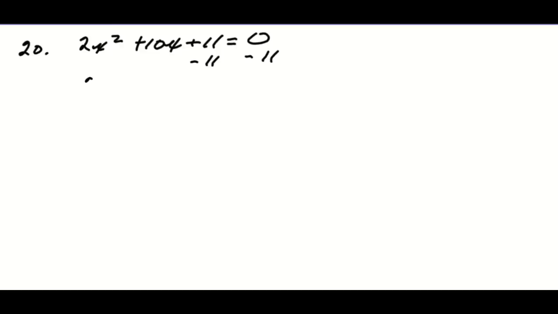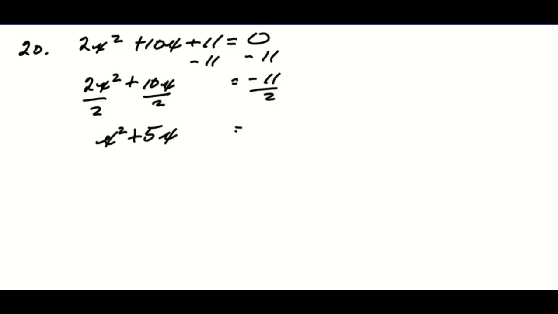So what we get is 2x squared plus 10x equals negative 11. To get rid of the 2 in front of the x squared, what we're going to do is divide each term by 2. What we'll end up with then is x squared plus 5x equals negative 11 over 2. We'll just leave it in that form for now.